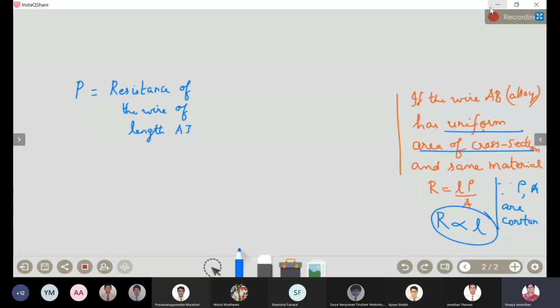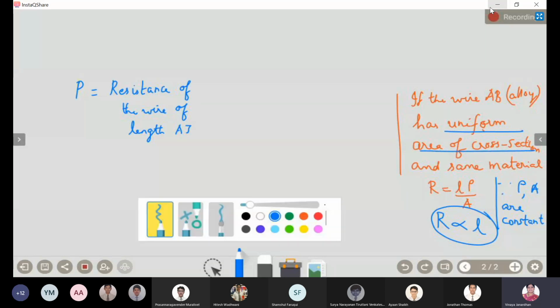Whenever you are learning the concept of meter bridge and potentiometer, pay additional attention. You have to learn properly, boys. The concepts are not only for theory, they are equally for your board practicals.